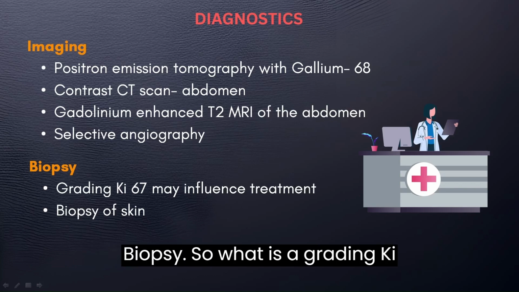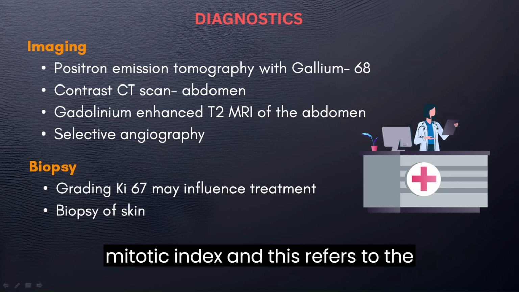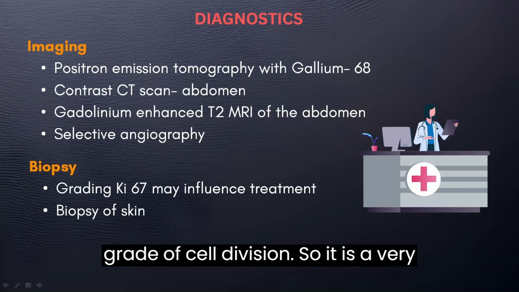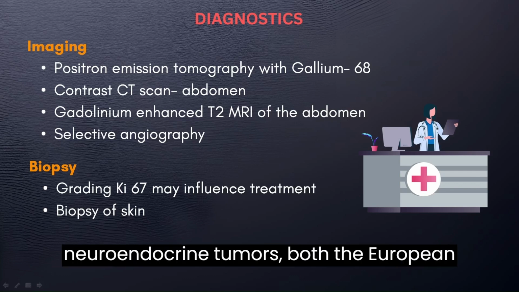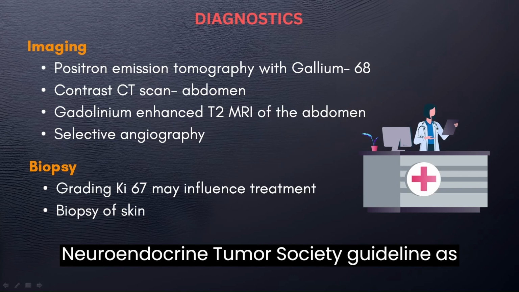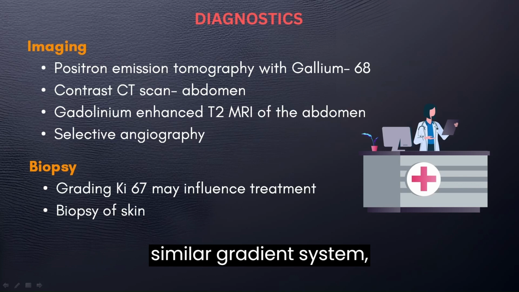Biopsy. So, what is a grading Ki67? This is actually known as a mitotic index, and this refers to the grade of cell division. So, it is a very good proliferation marker for grading neuroendocrine tumors. Both the European Neuroendocrine Tumor Society guideline as well as the WHO classification have a similar grading system.